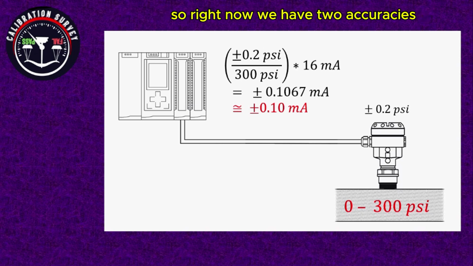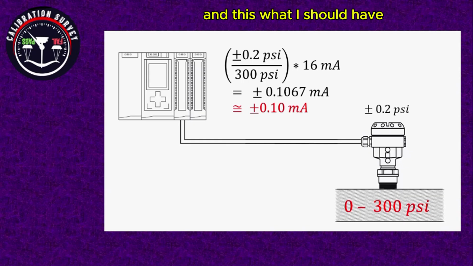So right now we have one accuracy with two different units, in psi and milliampere, and this is what I should have. I always should have the accuracy, the tolerance, in milliampere and psi, in all the units that I will measure in.